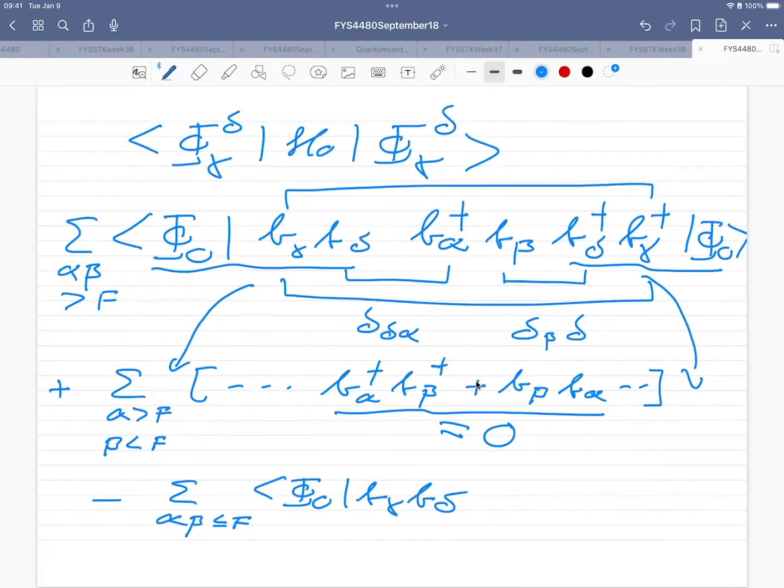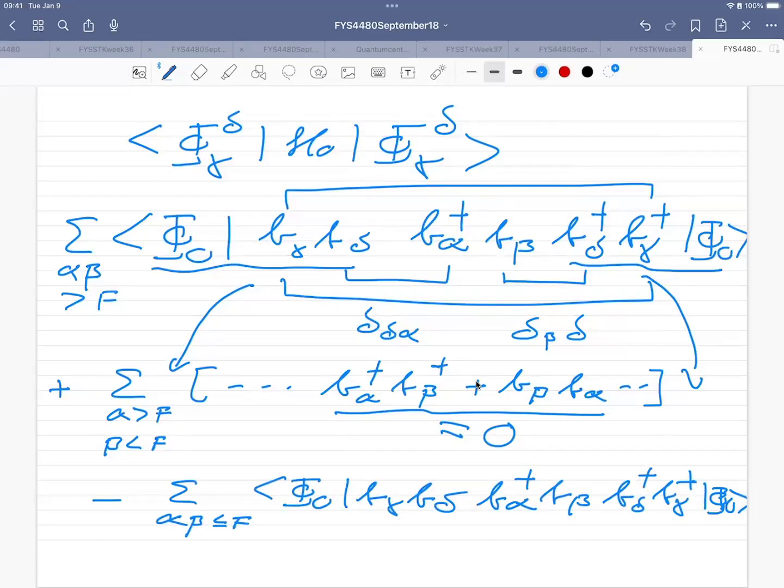So let's just bring it in here. So B alpha and B beta. And then I have a B delta dagger and B gamma acting on phi 0. And in this specific case, let's just do this and then we take a break.